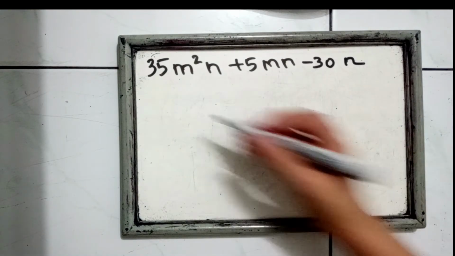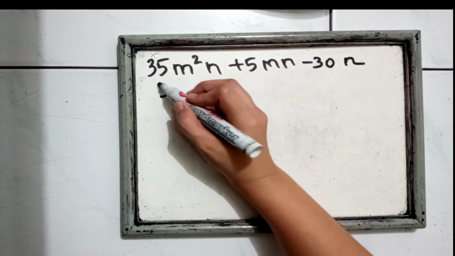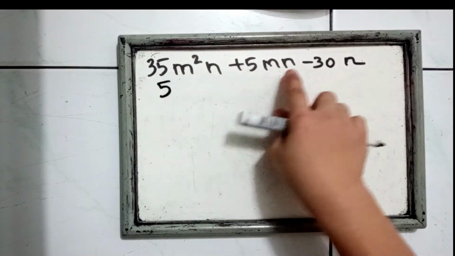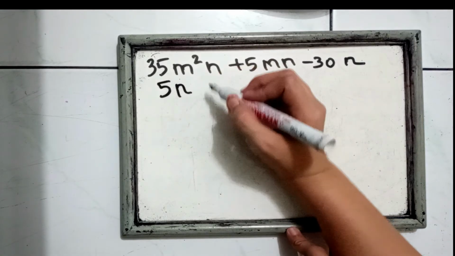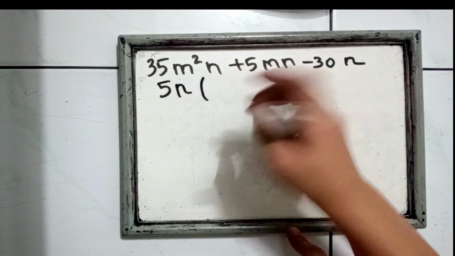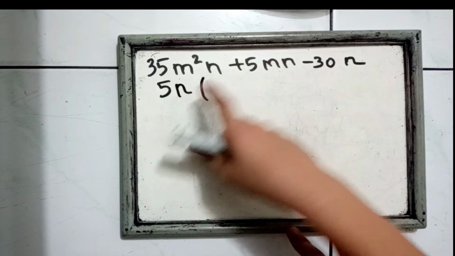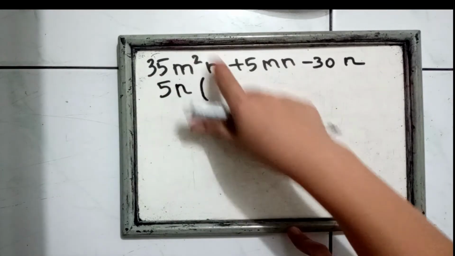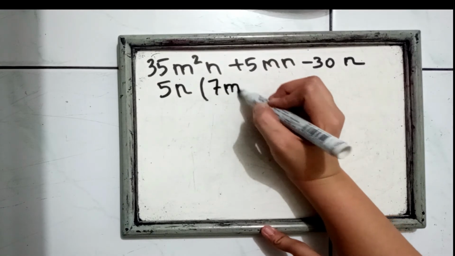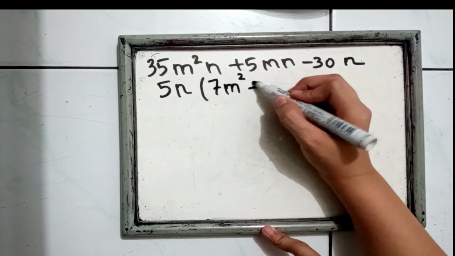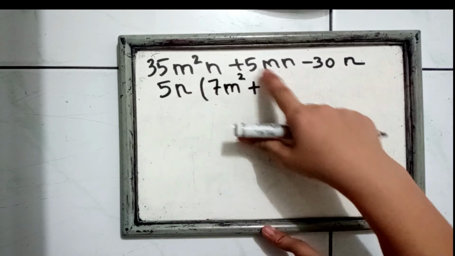Yes, that's true. You can take 5. And then anything else? You can take n. So it means 5n times how many to become 35m squared n? That means times 7m squared plus 5n.